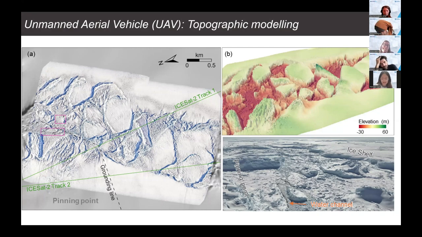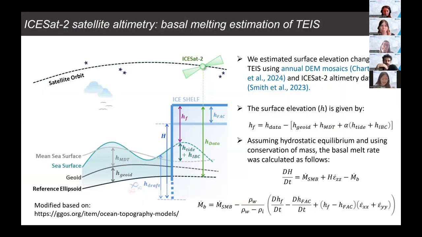And so all of these results are about horizontal change, but we also monitored the vertical change of the ice shelf. So we used some existing surface elevation data and ICESat-2 satellite altimetry data to calculate the surface elevation change in a Lagrangian framework. And then by assuming hydrostatic equilibrium, we can estimate the basal melting rates of the ice shelf. And here are the results.